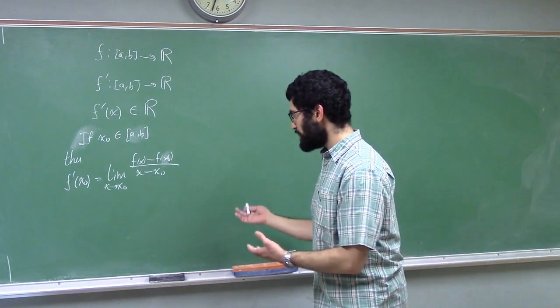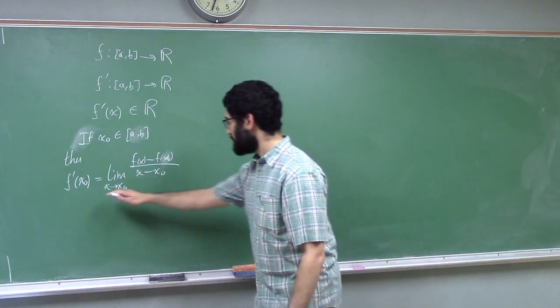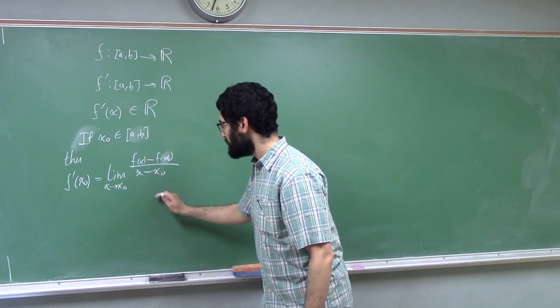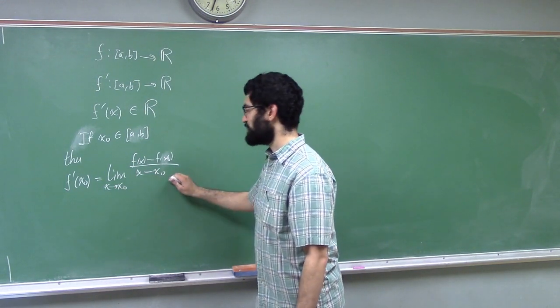So I just want to rewrite this in a way that shows you that it's allowing you to approximate delta f in terms of delta x.